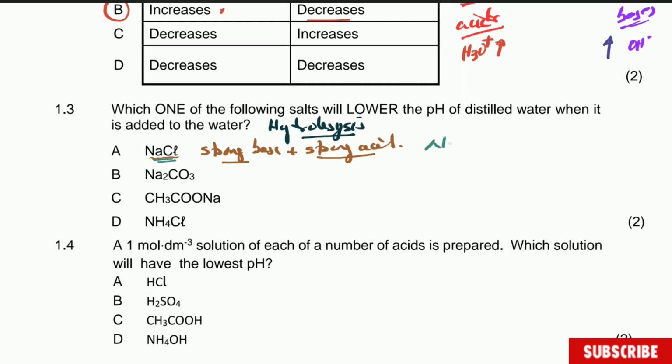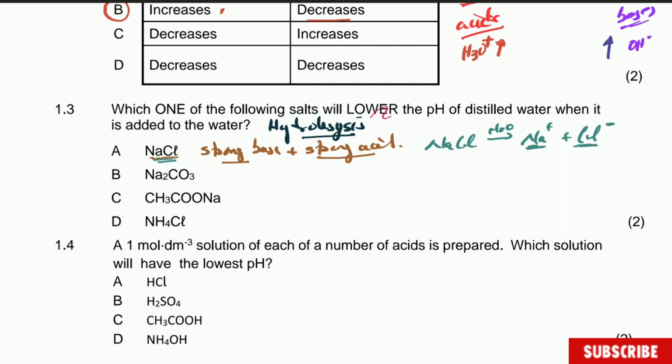So NaCl dissociates in water to form Na plus and Cl minus. But these ions of a strong acid and strong base do not go through hydrolysis, so A cannot be the answer.